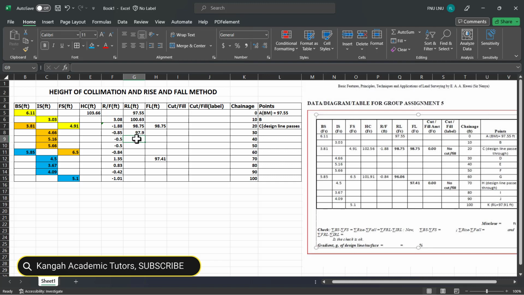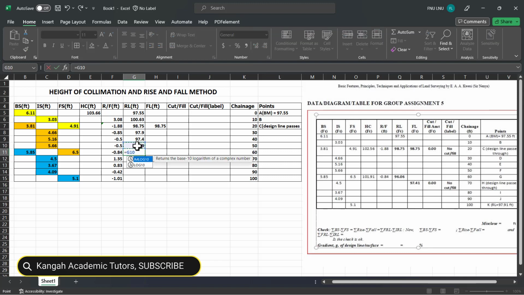Here too will be the same scenario. I'll take this one, then plus this one. Then here too I'll take the previous one plus the fall at this place. Here too will be the same.